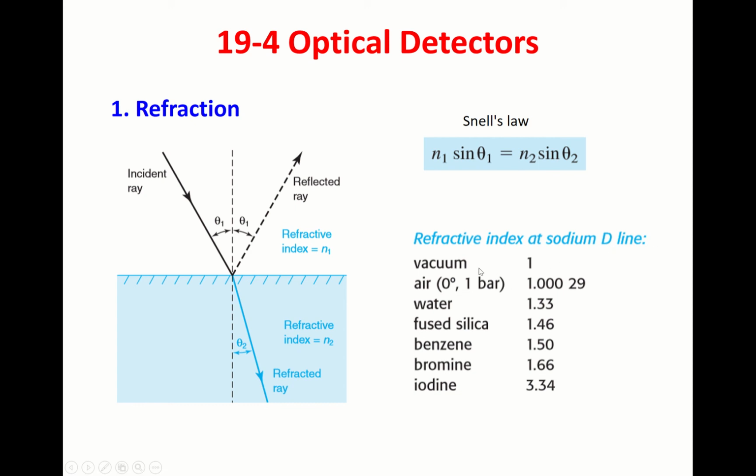The vacuum refractive index is 1.0000. Air refractive index is just a little bit greater than 1 because air contains nitrogen, oxygen and other gases. Water refractive index is 1.33, and fused silica refractive index is 1.46.